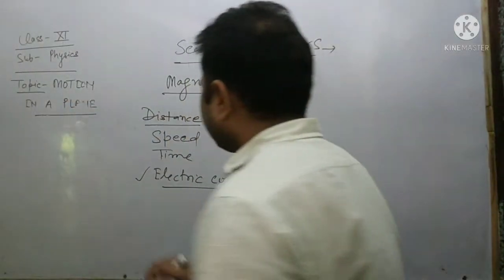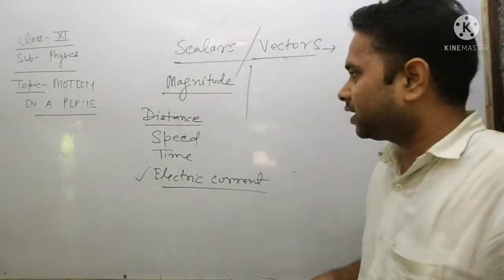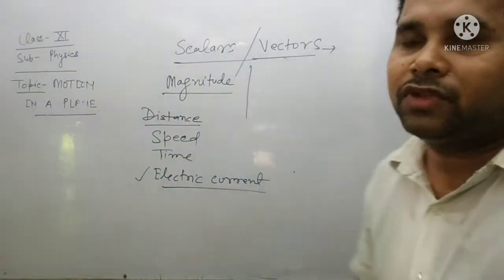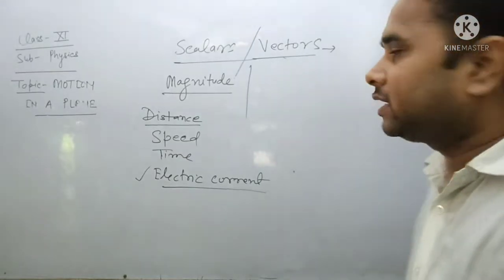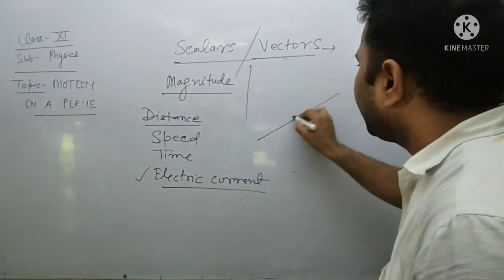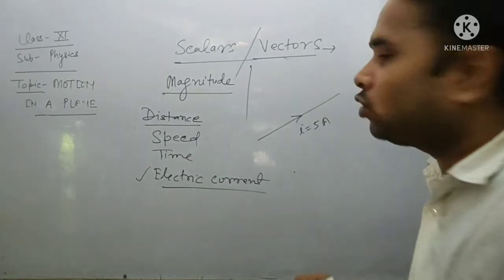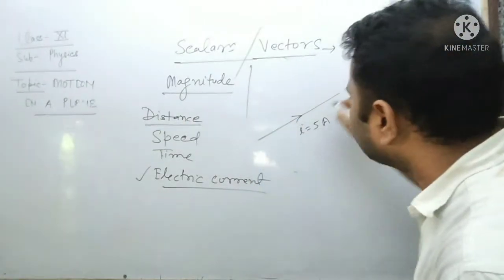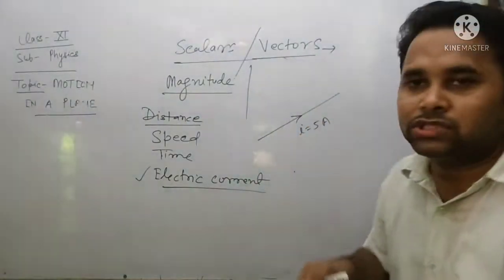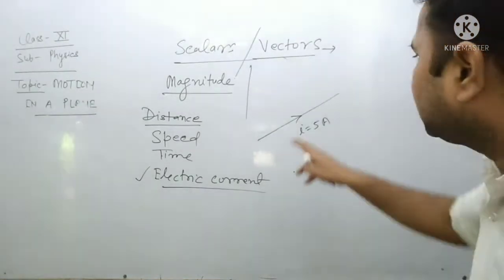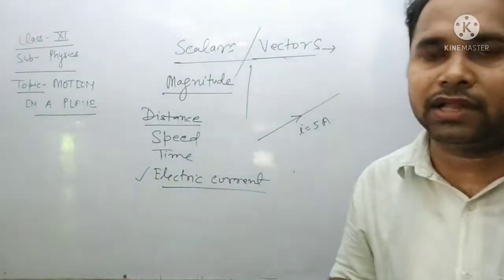We should see here especially electric current, because in class 10th we have drawn many electric circuit diagrams in which we have represented the electric current. Suppose 5 ampere is the amount of current moving in this direction, and this arrow shows the direction of the current. ये बनाया हुआ है class 10th में कि this arrow shows the direction of the current in the circuit.